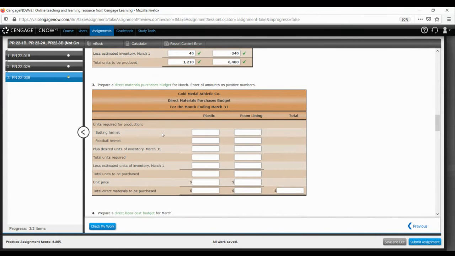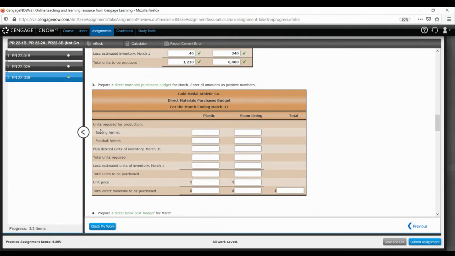On the first line of the production budget, they're asking you for the units that are required for production. Notice that our materials are going to be plastic and foam lining for the helmets that we are producing. Those are our direct materials. Right here, what they want you to record in this first blank is the amount of plastic materials it takes to produce all the batting helmets that are required for production.